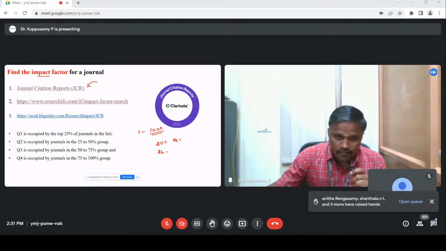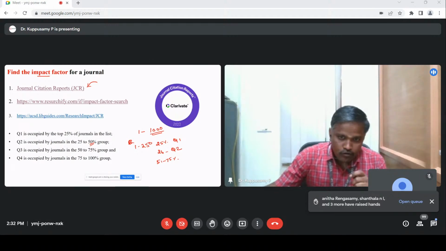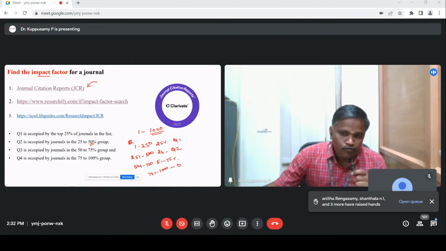Then 26 to 50 percent of journals, so that list of journals will be called Q2 journals, and 51 to 75 percent of that list. Suppose here rank 1 to 250 is called Q1, rank 251 to 500 is called Q2 journal, then 501 to 750 is called Q3 journals, and 751 to 1000, this journal list is called Q4 journal.